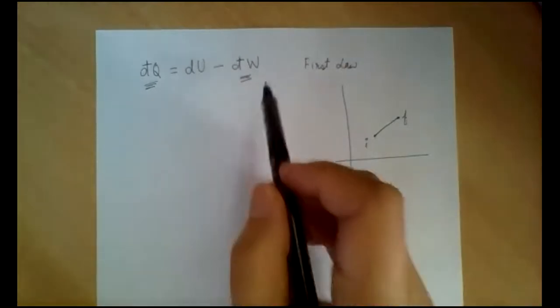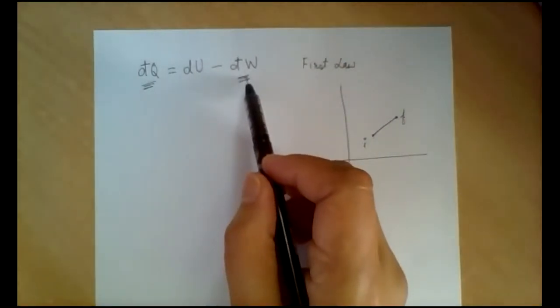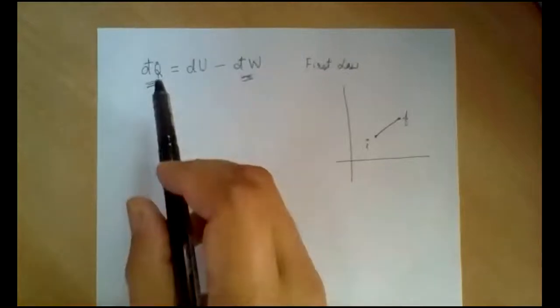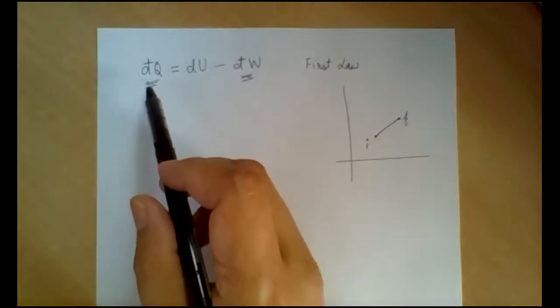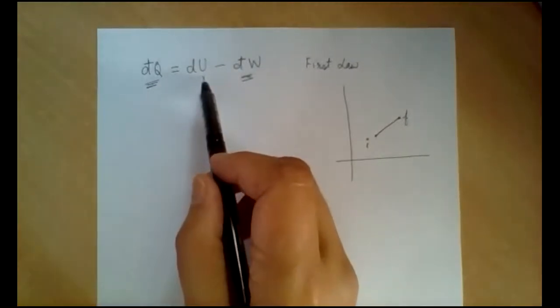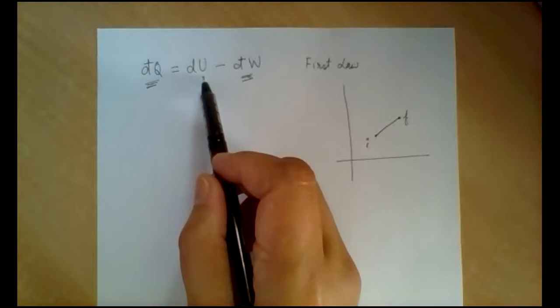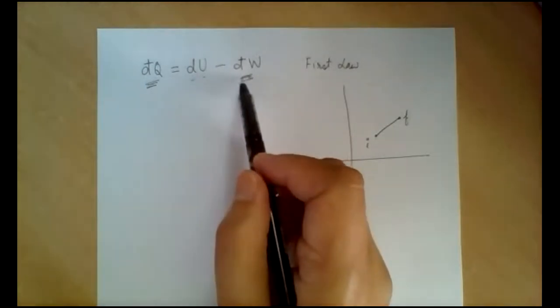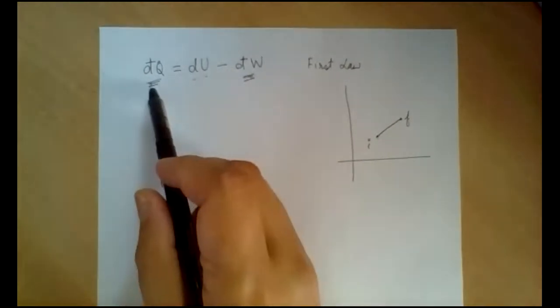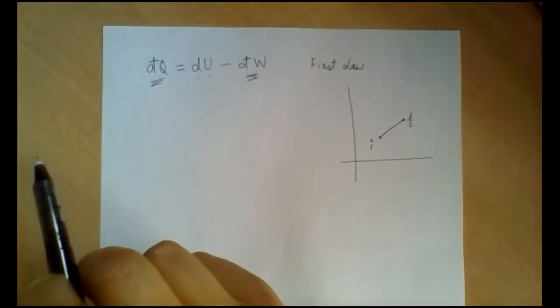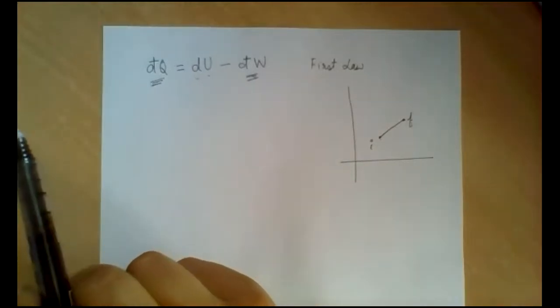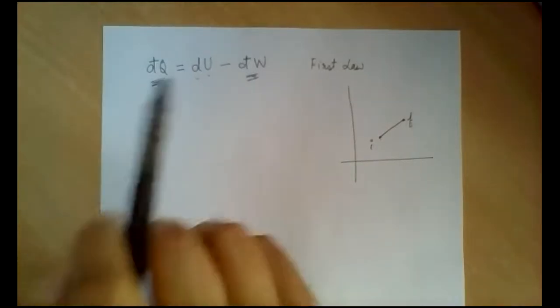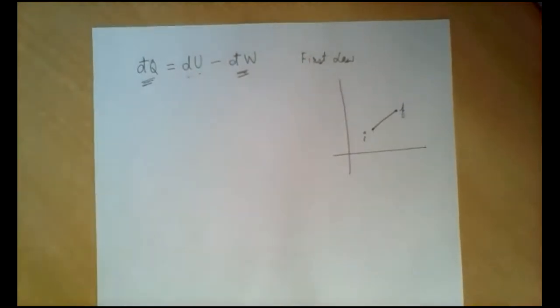Therefore, dw is not a state function. dq is not a state function. U, the internal energy, is a state function. dU is an exact differential, while dw and dq are not exact differentials.